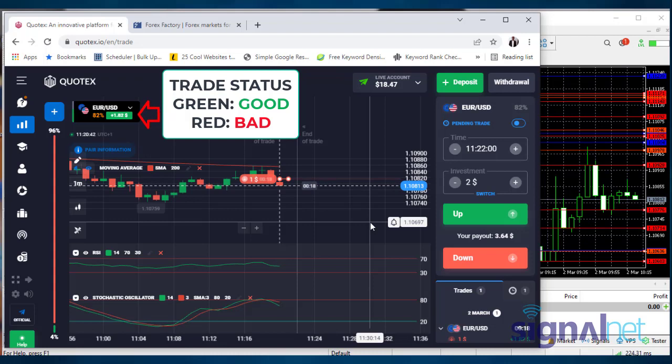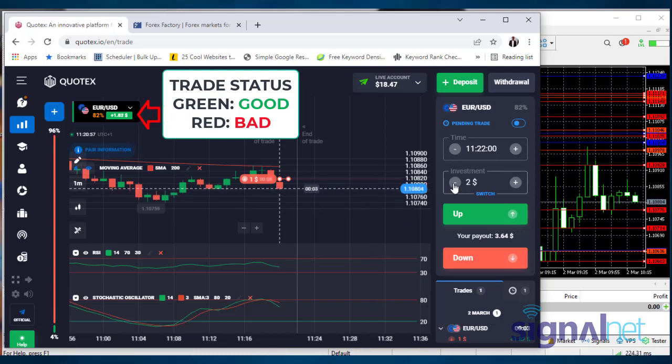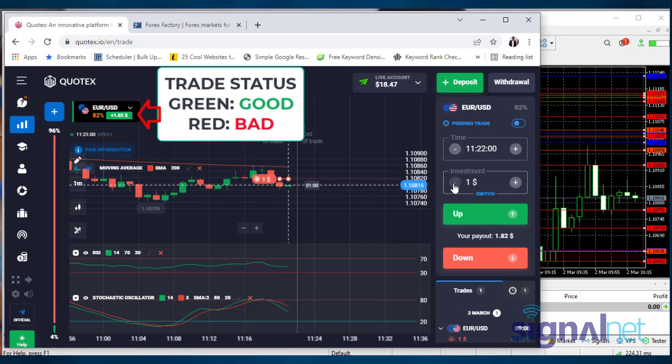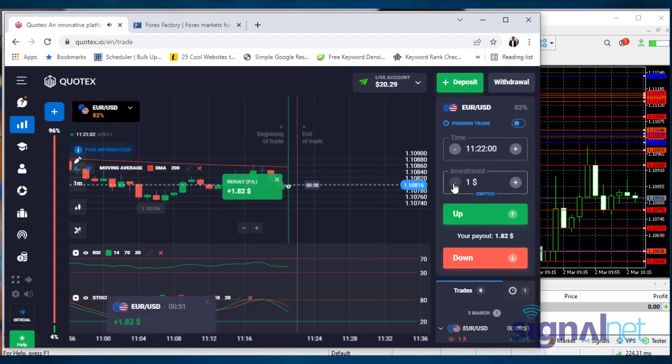I have about 17 seconds to go and it's still pulling downward. Okay, so I think we have won this one because just 4 seconds left and it's still pulling down. So we won that trade, our first trade.